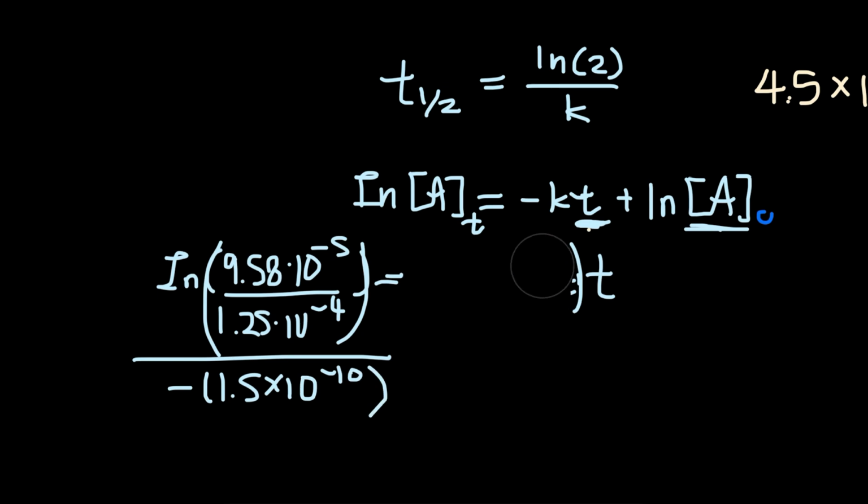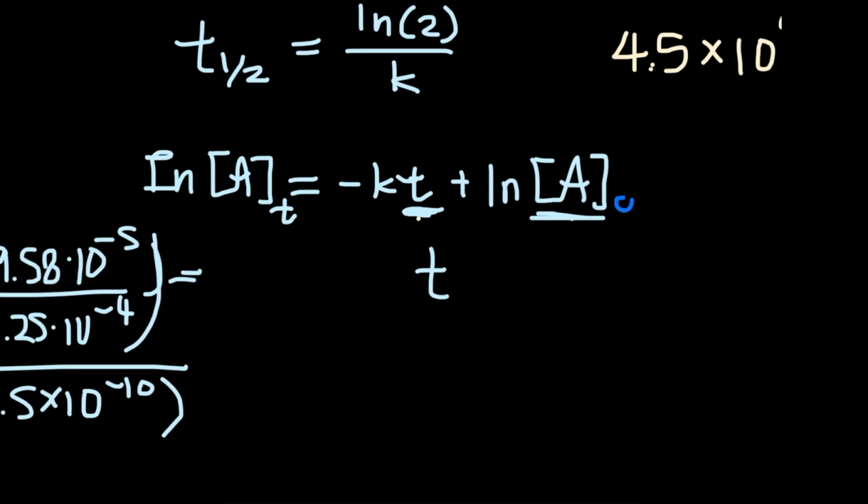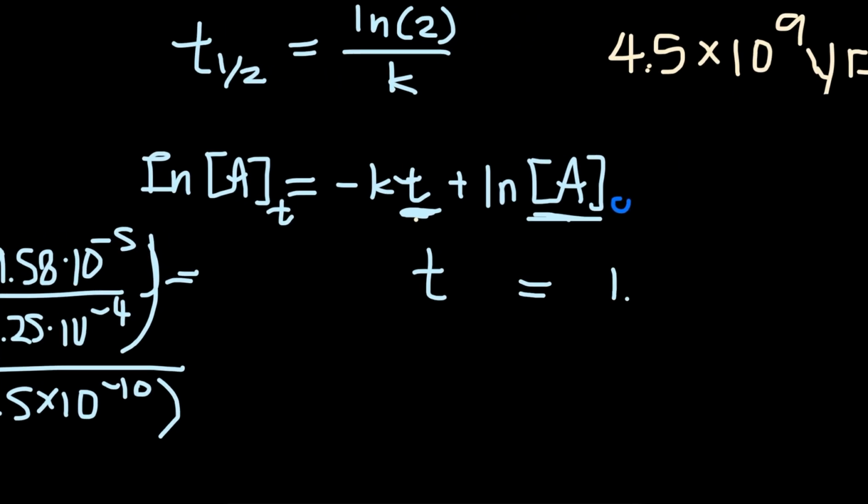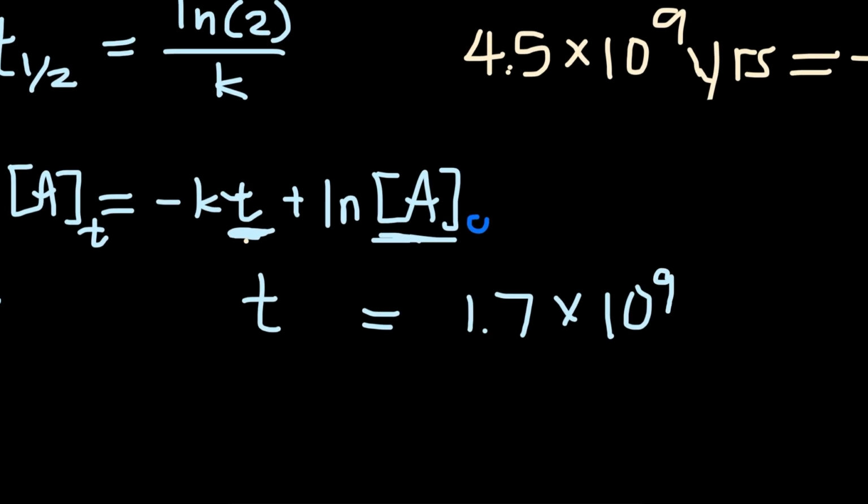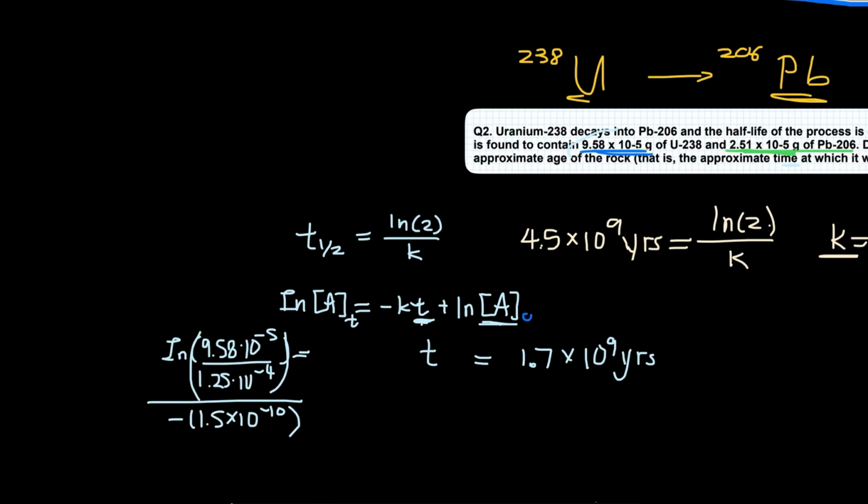And this is in units of years. In essence, the number that we're going to get is going to be around 1.7 times 10 to the 9 years. So that's 1.7 billion years.